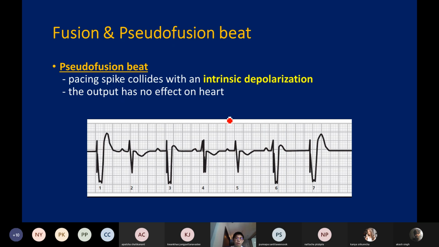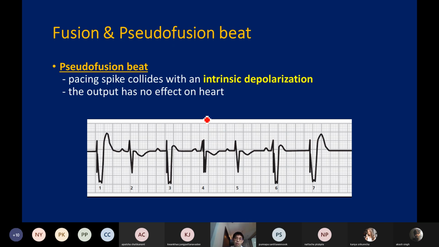Pseudo fusion beat. Number 4 is a pacing spike colliding with intrinsic depolarization. The morphology of the pseudo fusion is the same as the intrinsic beat, but there's a pace spike on it, and the output has no effect on the heart. There is no capture.